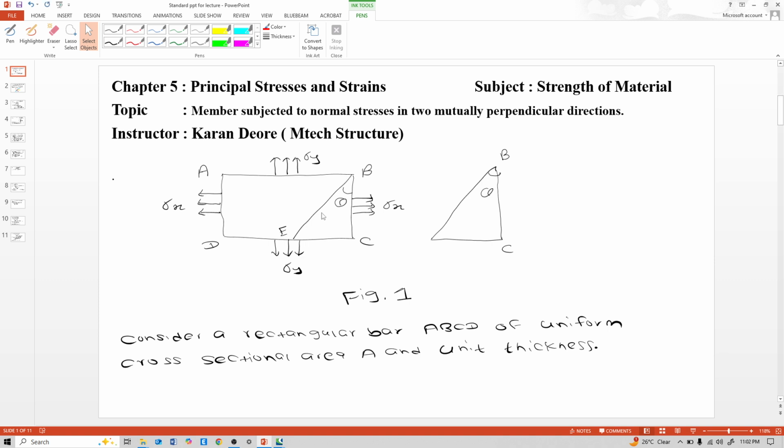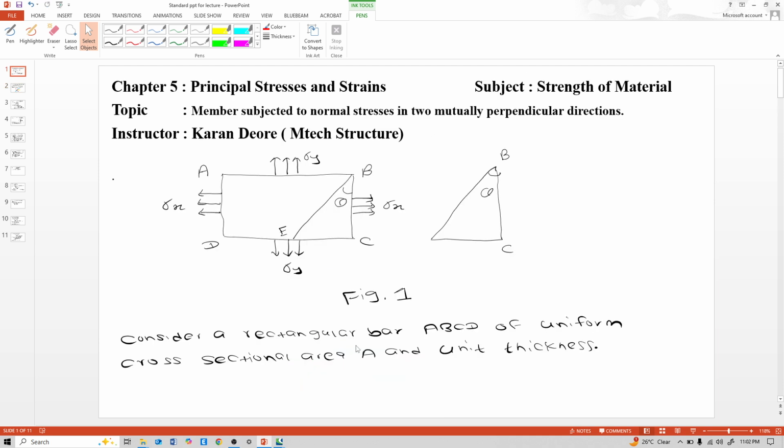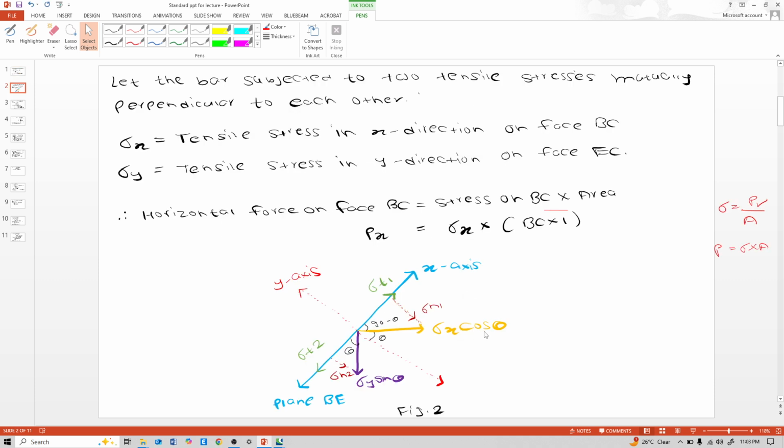This is plane BE. The horizontal stress is sigma x cos theta, and the tangential stresses are acting along the plane BE, sigma T1 and sigma T2.